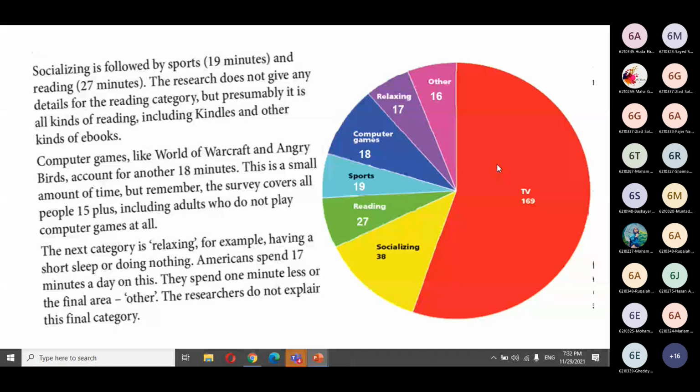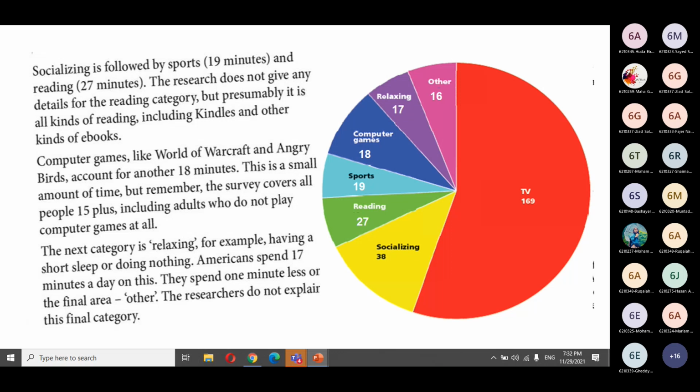I can look only at this pie chart and get all the information I need to know about how the Americans spend their free time. What are the activities they do in their free time?